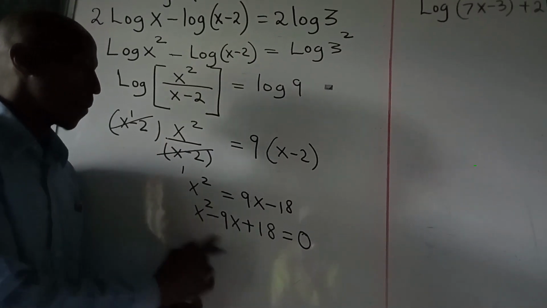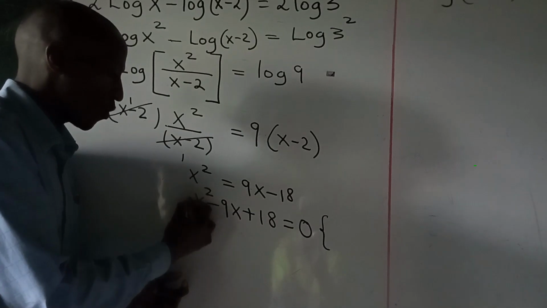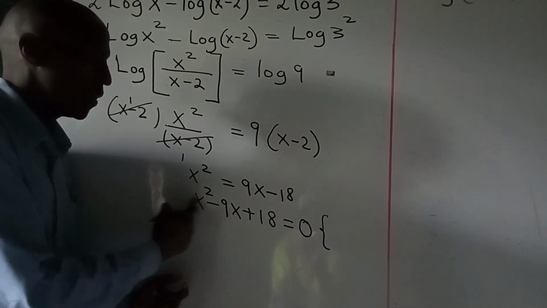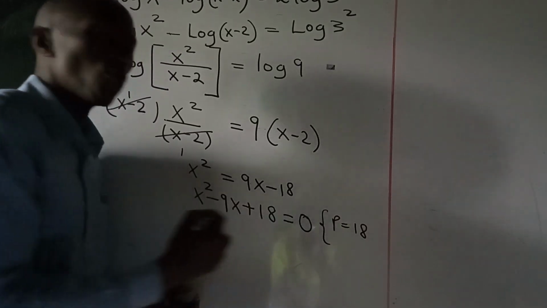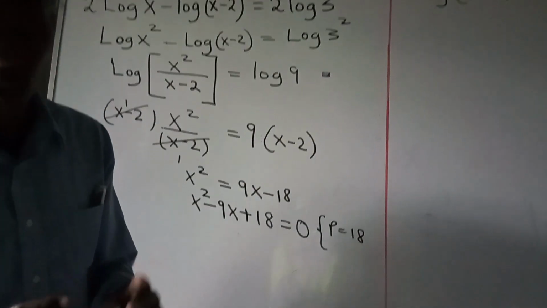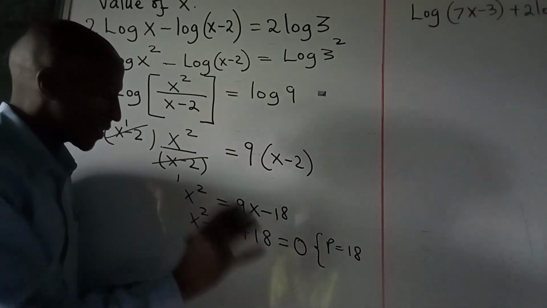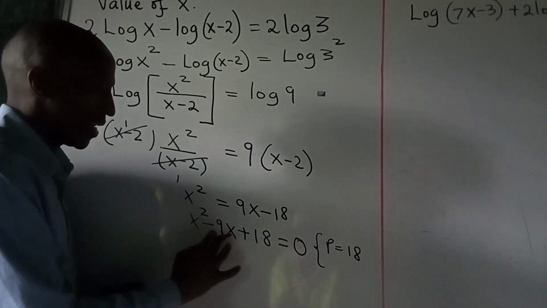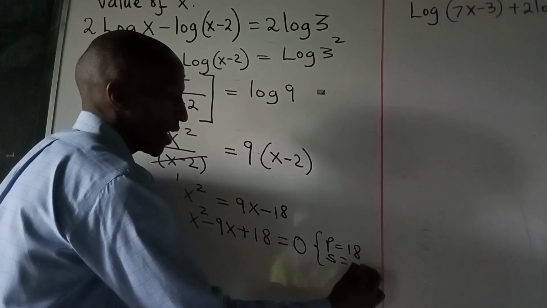We factorize by looking for two numbers whose product is 1 times 18, that is 18, and whose sum is negative 9.